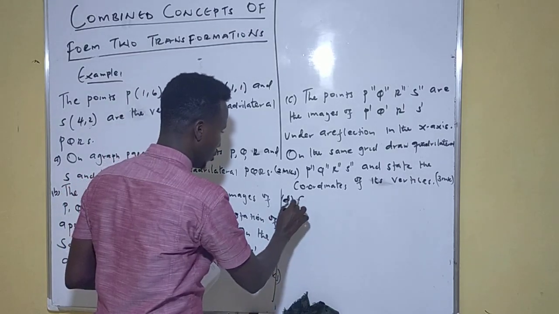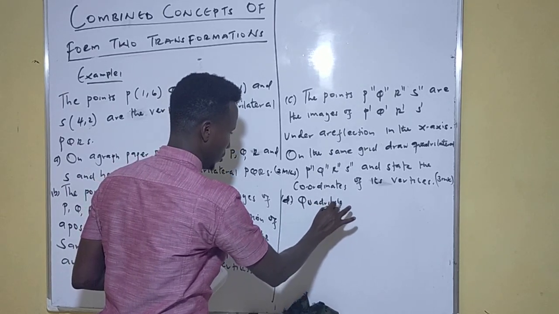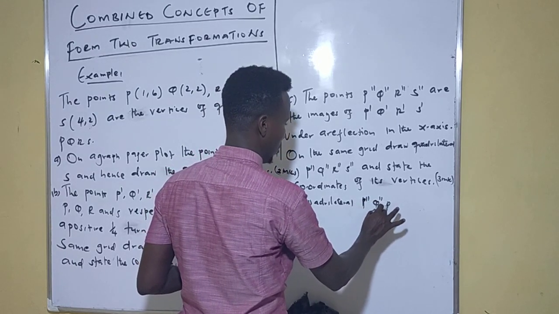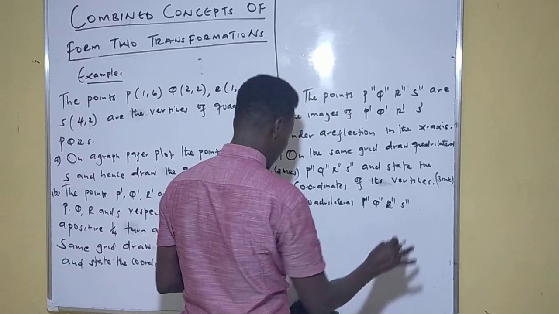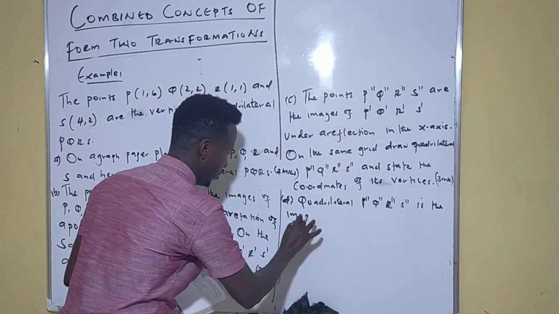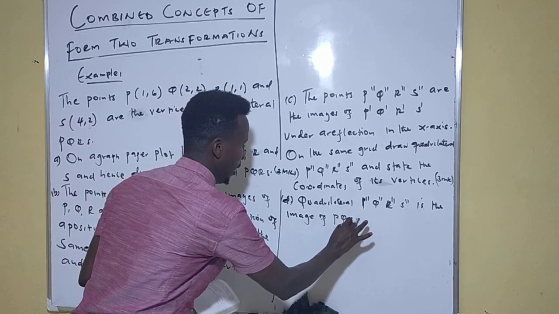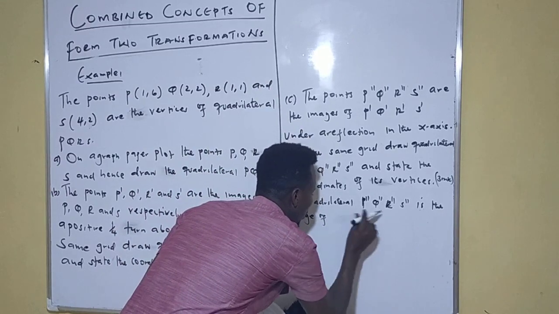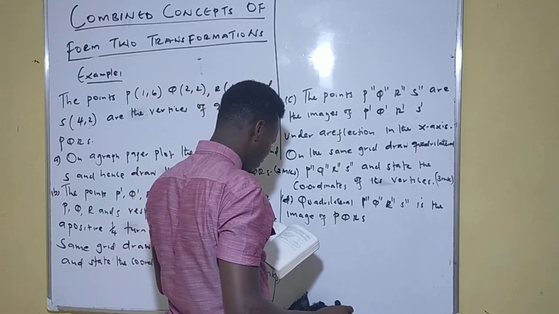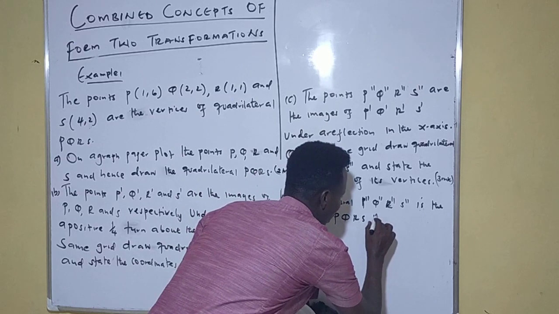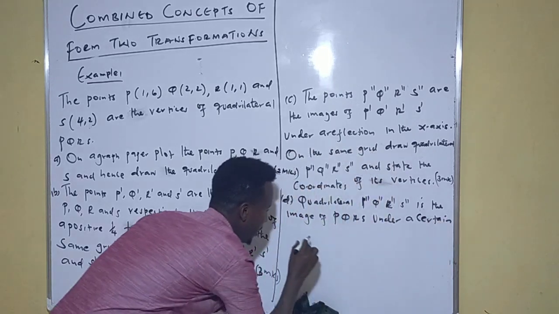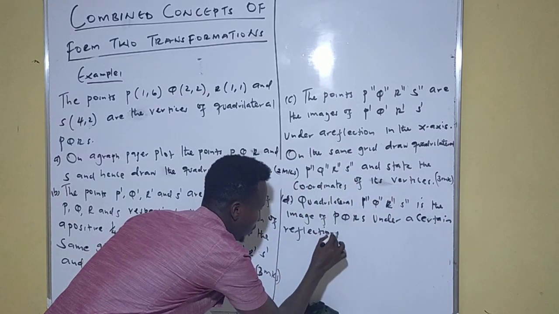So question D, they are told quadrilateral P double prime, Q double prime, R double prime, S double prime is the image of PQRS under a certain reflection.